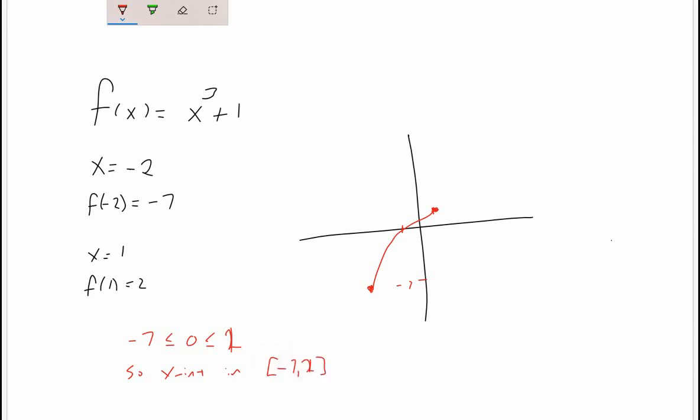Now, I can narrow that down further. Instead of 1 or negative 2, it looks like it's much closer to the other side, so I could just ask, you know what happens when x is negative 1.1? Grab my calculator for that one.